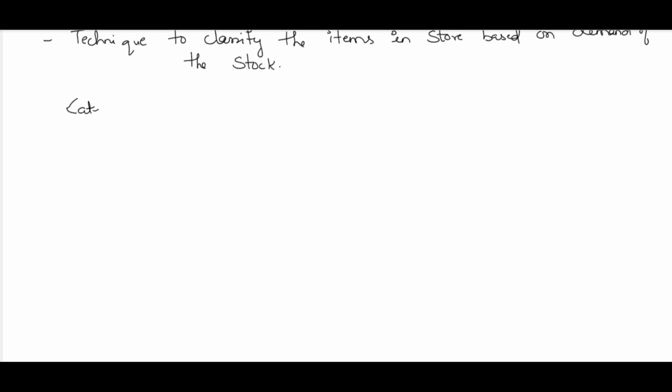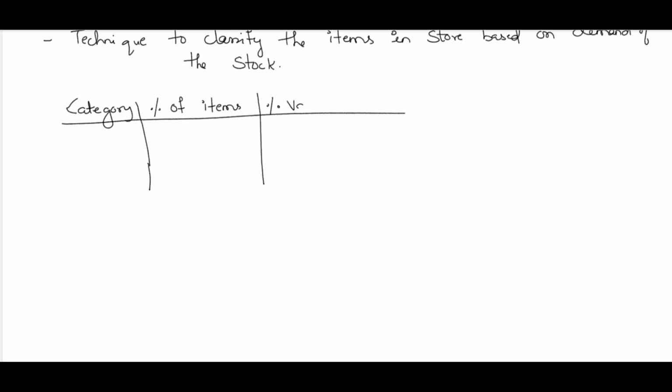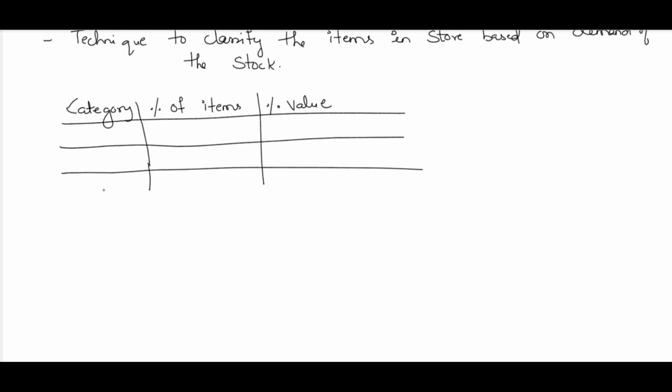We first start with category A. You can see there is a table that I am drawing. The first column is the category, then percentage of items, and percentage of value.